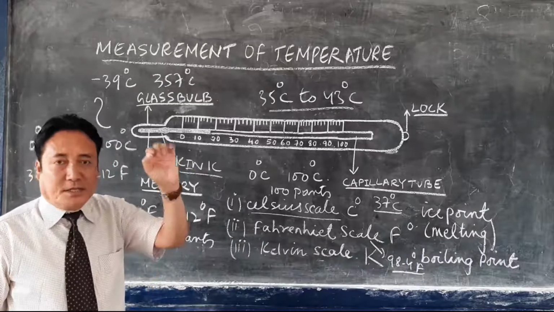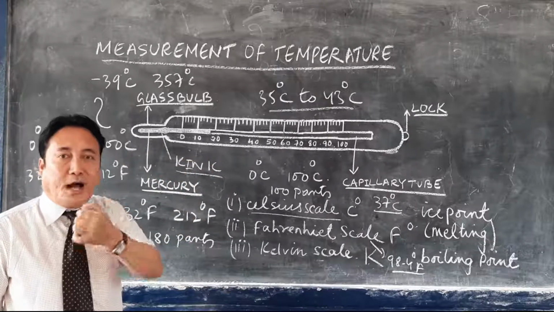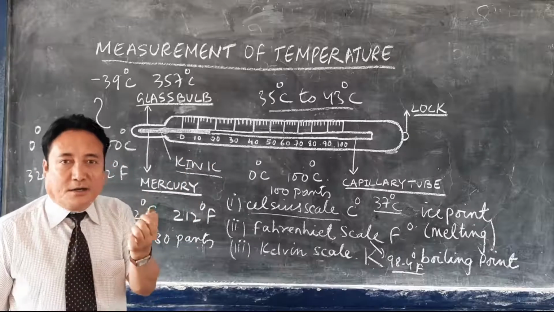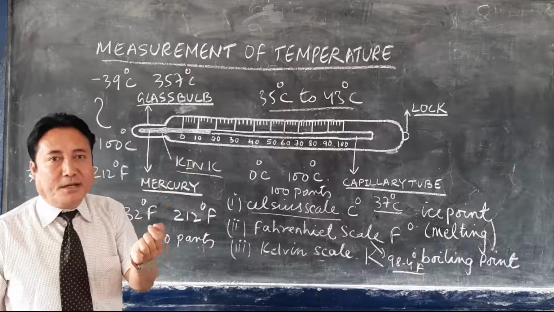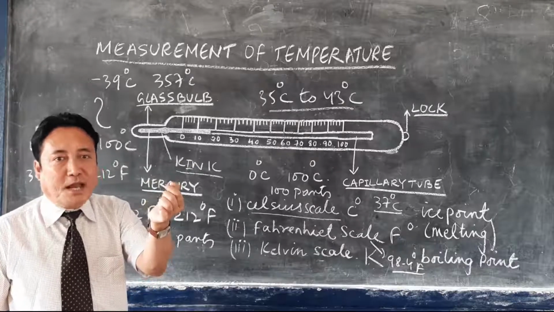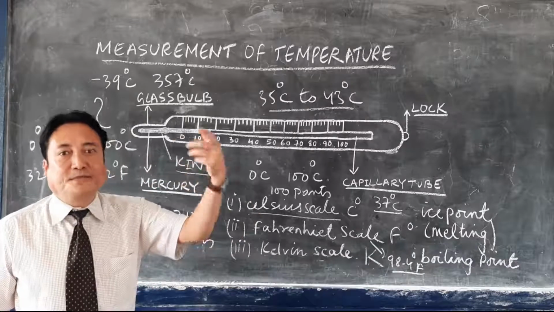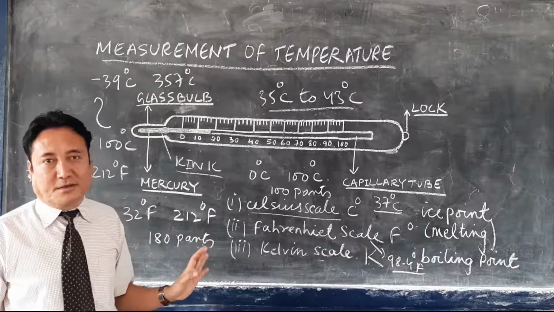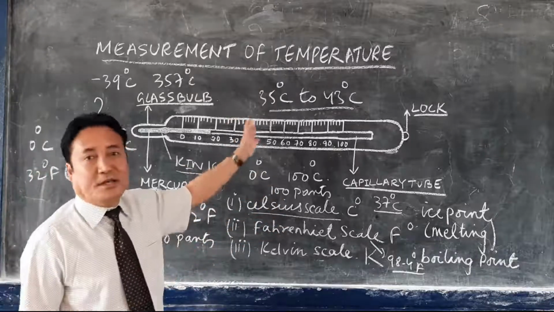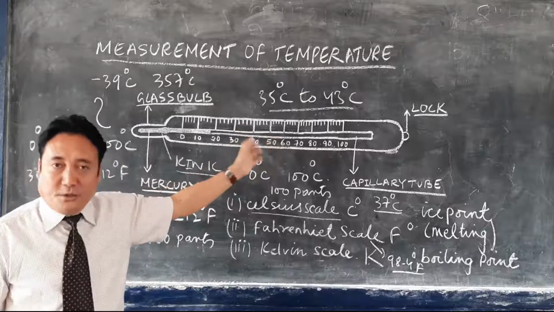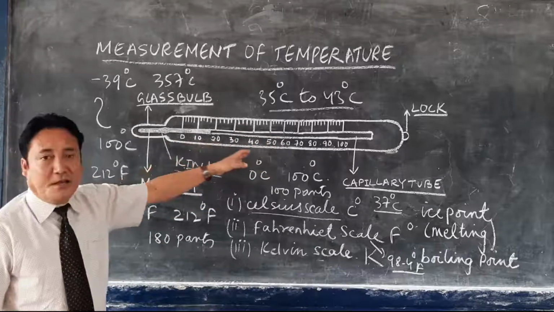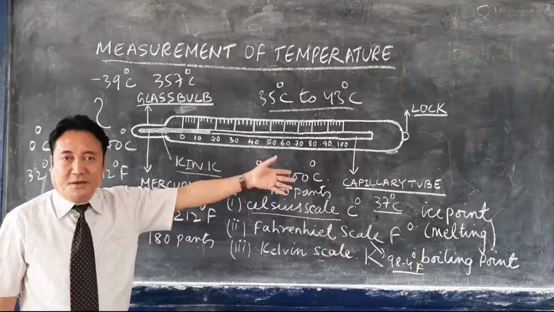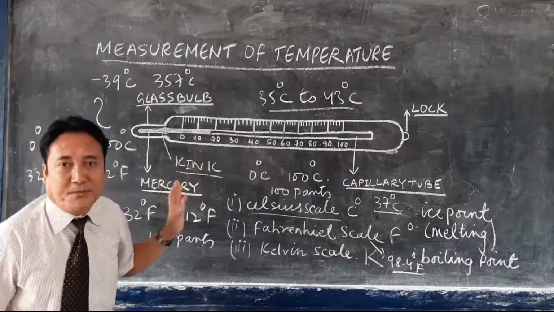When the digital thermometer is placed there, after 1 minute a loud sound is produced, which means the temperature has been recorded. This way the digital thermometer is used instead of the clinical thermometer, because it is very safe and does not have mercury.